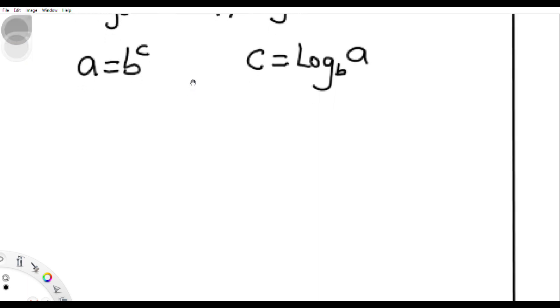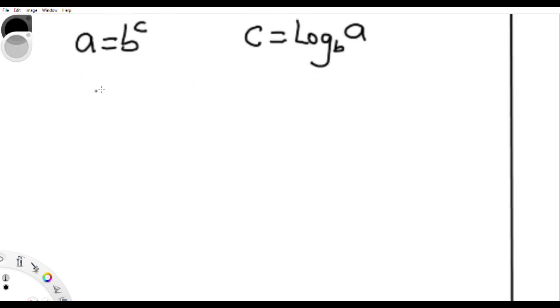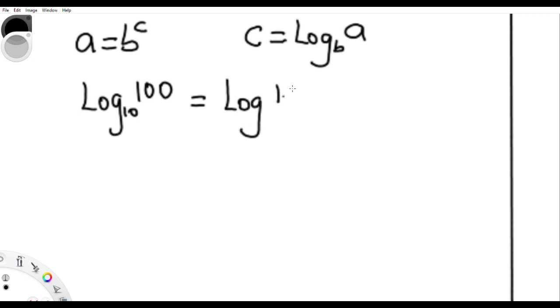Yes, now that we know this, let's just treat 1 or 2 questions, then we focus on the shortcuts. Okay, a very simple question is this. You have log 100 to the base of 10, and you are told to simplify this. You already know that 100 is same as 10 raised to power of 2, to the base of 10.